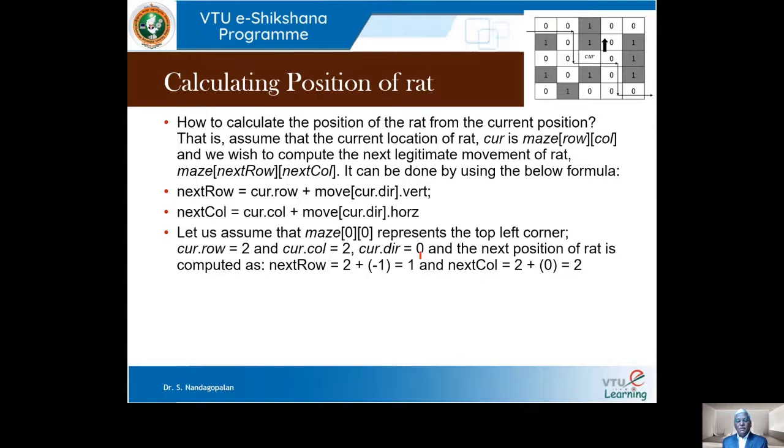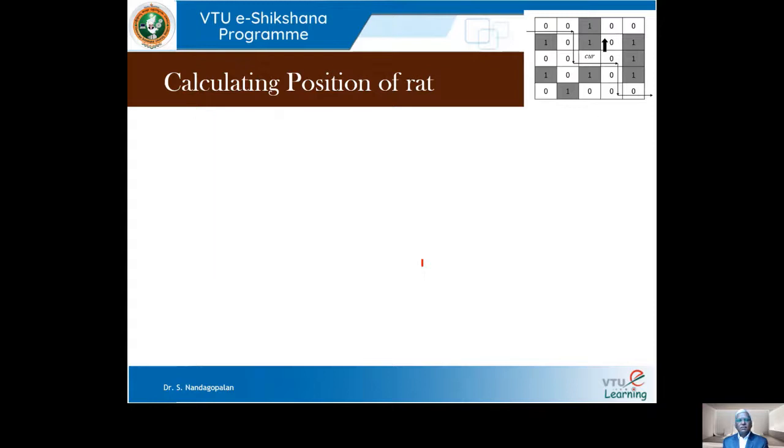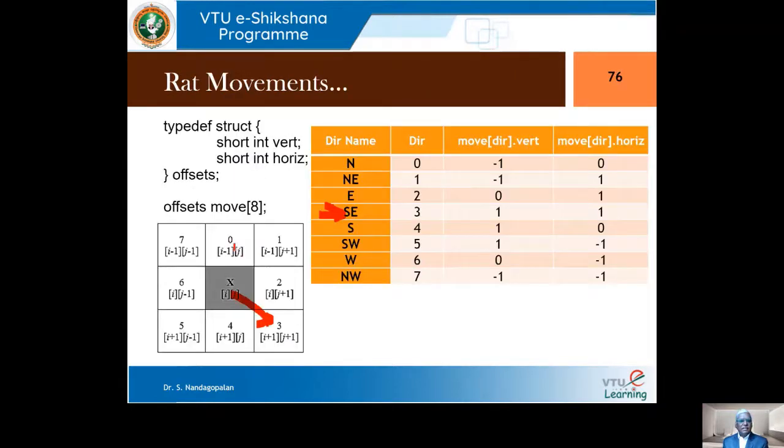find out all paths. Remember why this current direction is 0? Because we always start looking for the possibility of the next position for the rat to move from north. You can see the numbering is done in the same fashion.